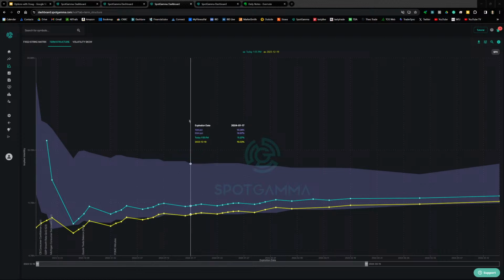All right, so my thesis for the day was, first of all, looking for higher volatility, a wider trading range. So far, that's not really playing out, but that was based on this shift to negative gamma notional for the S&P 500 and NASDAQ, and also bearish for the day based on the shifts lower in the levels.